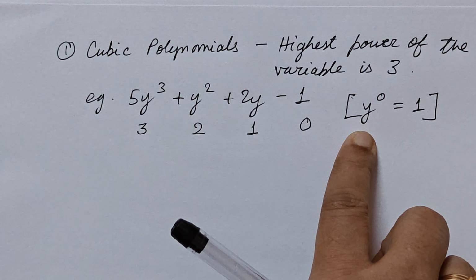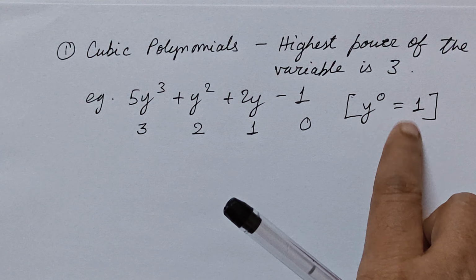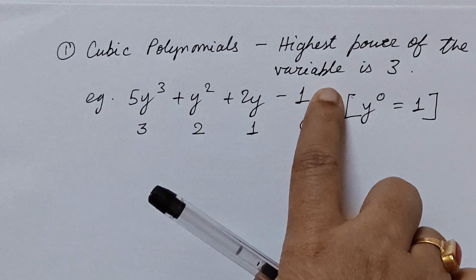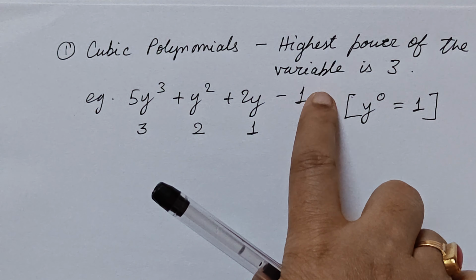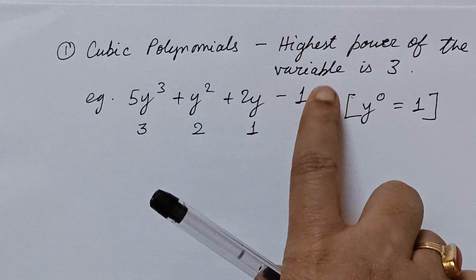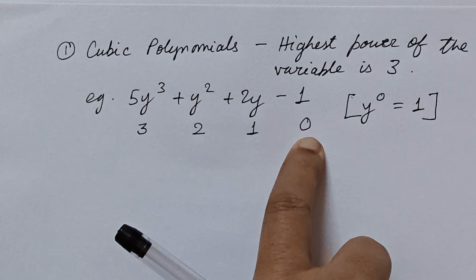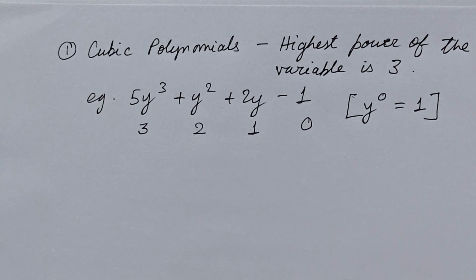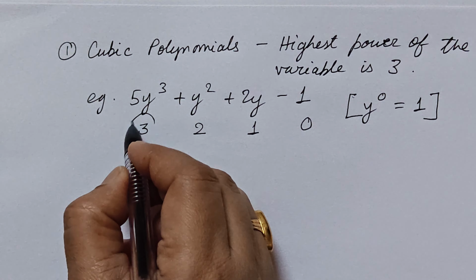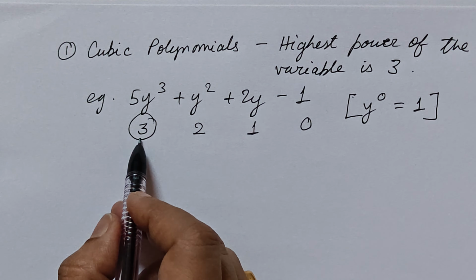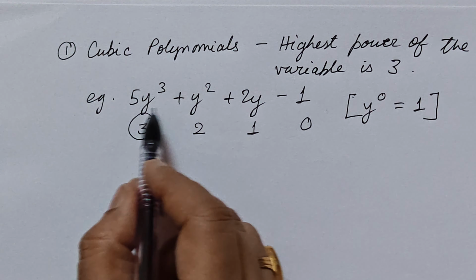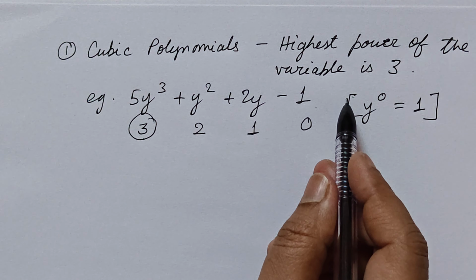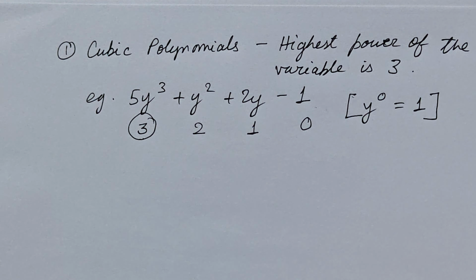So in this case a variable is there with power 0, so the variable is not written here, and the power is 0. Among all of these, the highest one is 3. So this is the degree of this polynomial, and this algebraic expression will be called a cubic polynomial.